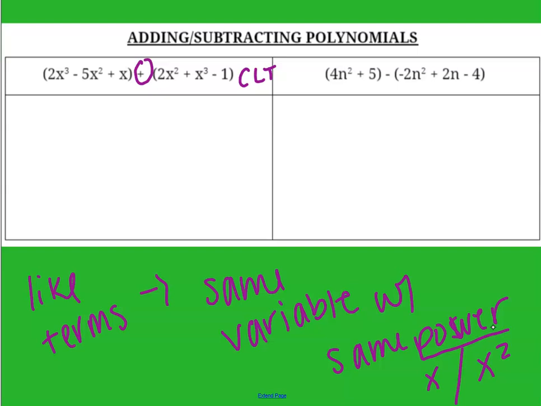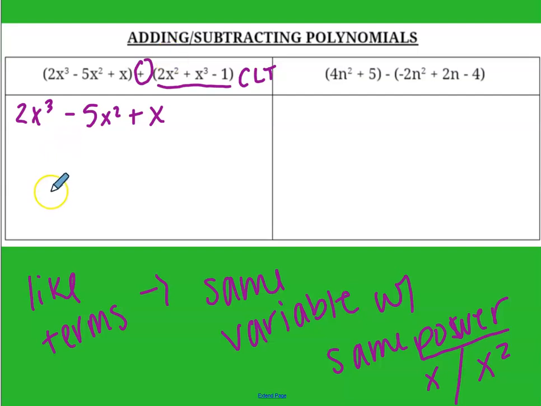So if we look at our two polynomials, I'm going to write out the first one, 2x to the 3rd minus 5x squared plus x. Then in my second polynomial, I am going to line up my like terms.